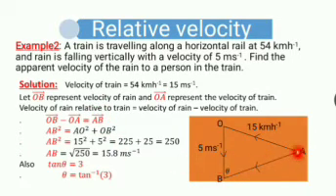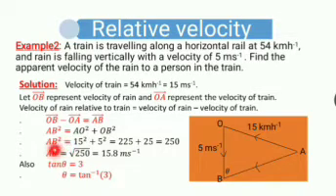Now, to find this AB, we use the Pythagoras theorem we have been using before. AB squared will be equal to AO squared plus OB squared, which is 15 squared plus 5 squared. 15 squared is 225, and 5 squared is 25. Adding 225 plus 25 is equal to 250.